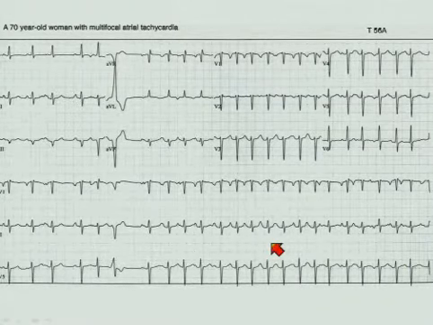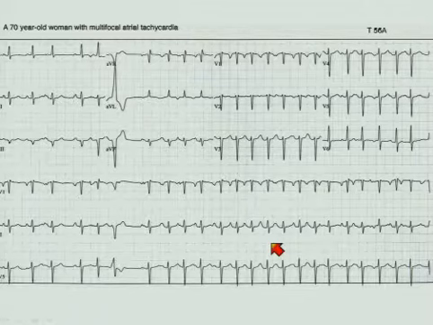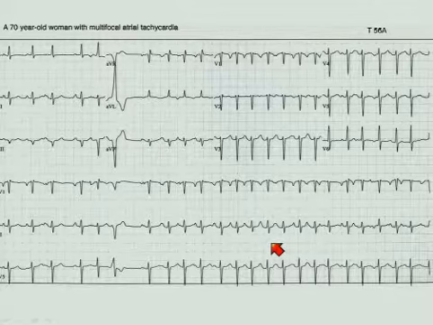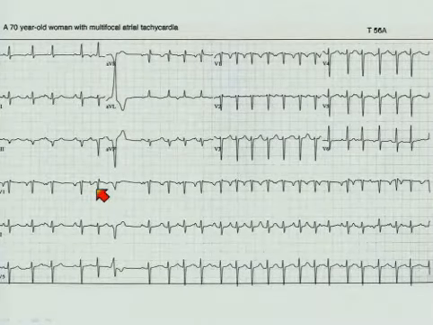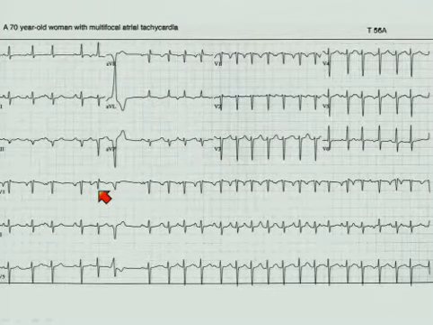What else do you see on there? Anyone see anything else? Not fair to ask you just looking up at the screen, I know, but from a rhythm standpoint, you saw the multifocal atrial tachycardia. I showed you the PVC. What's this thing here? Sorry? Ashman, absolutely.